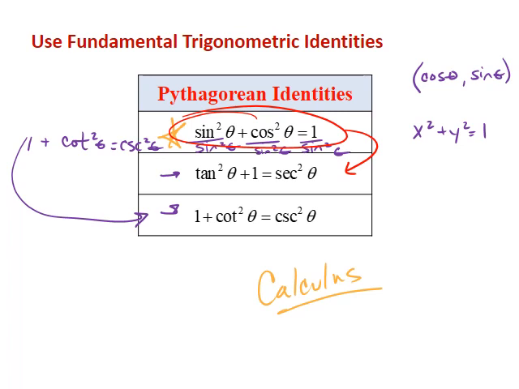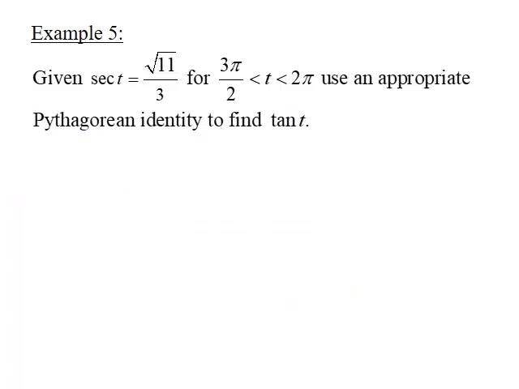I'm not super concerned about that, but you will want to know how to use them. Here's one example of using these identities. We're given secant, and we are interested in this interval, and we want to find tangent of t.